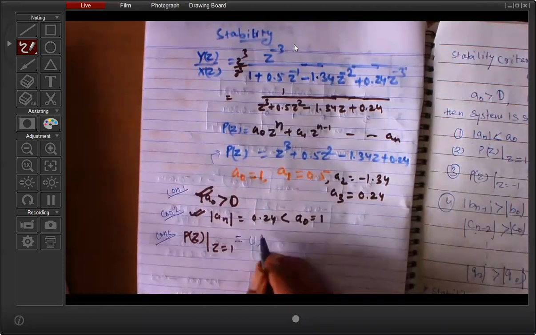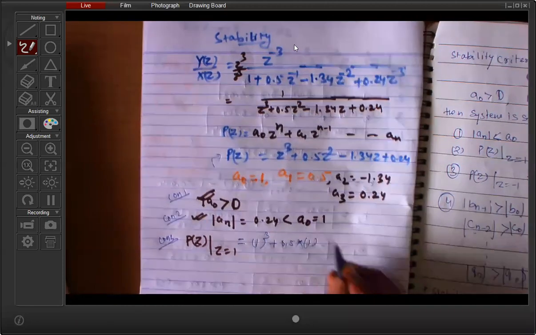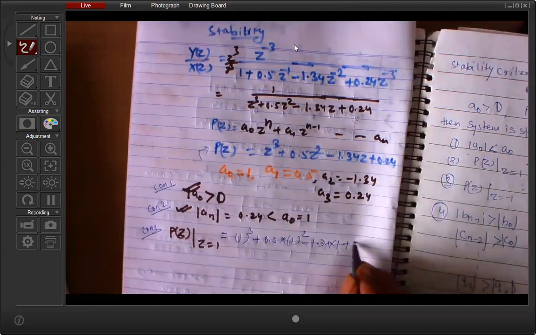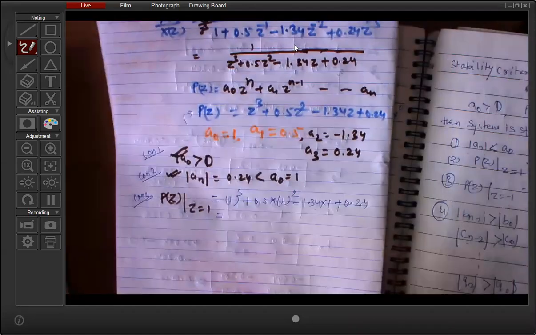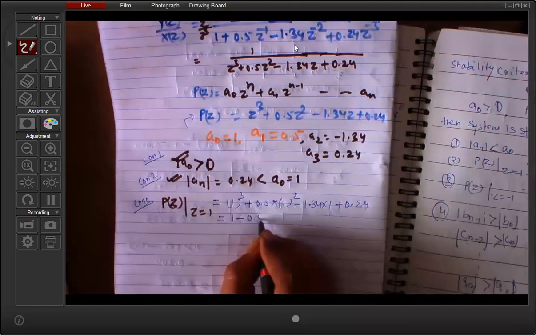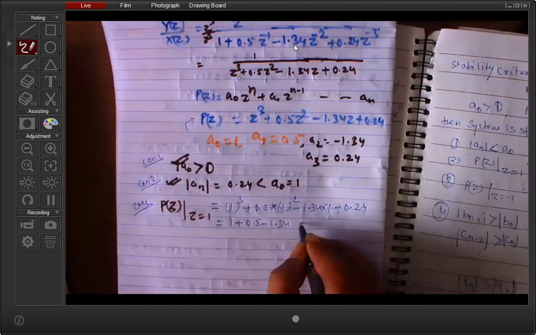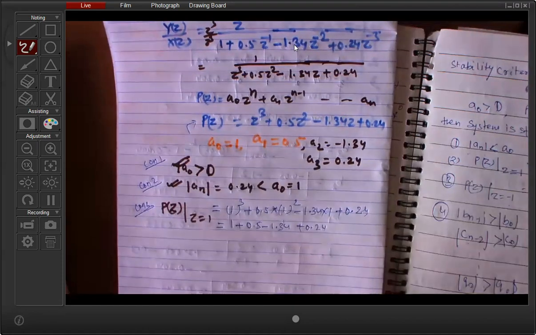So it becomes 1 to the power 3 plus 0.5 into 1 square minus 1.34 into 1 plus 0.24. Any doubt? No, sir. What is the value of P(z) at z equal to 1? 1 plus 0.5 minus 1.34 plus 0.24. Tell me. 0.4, sir.